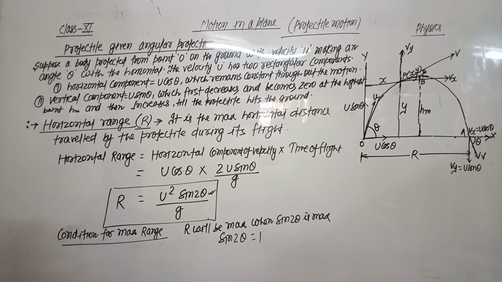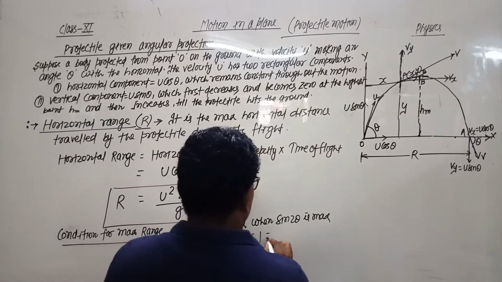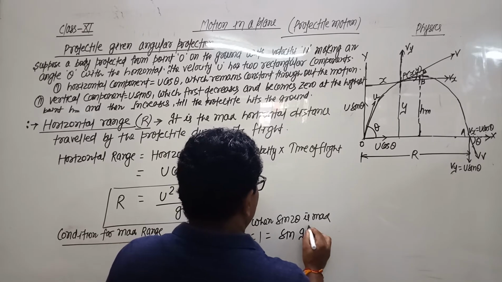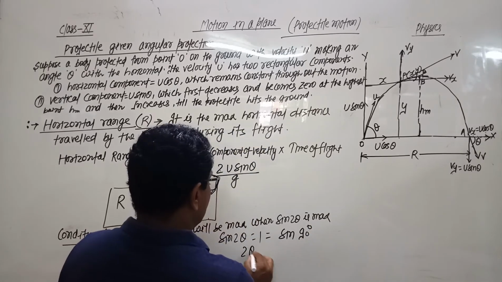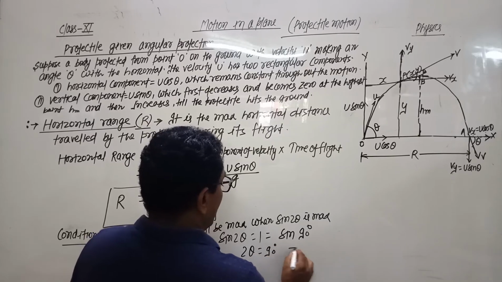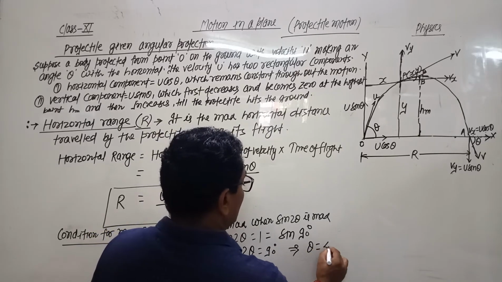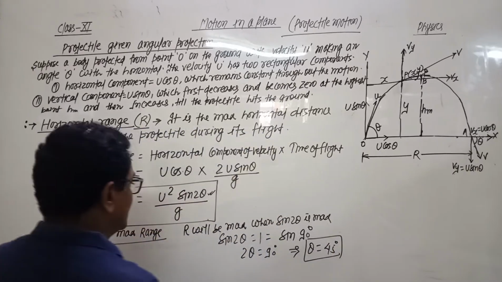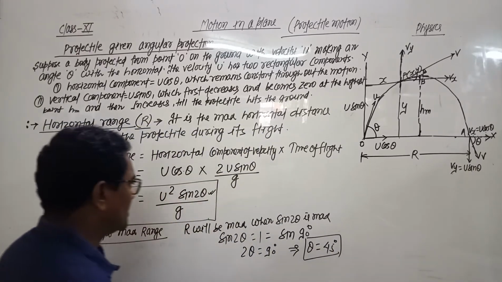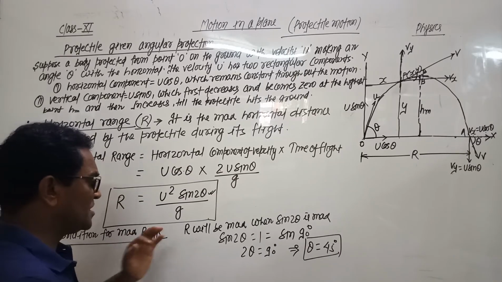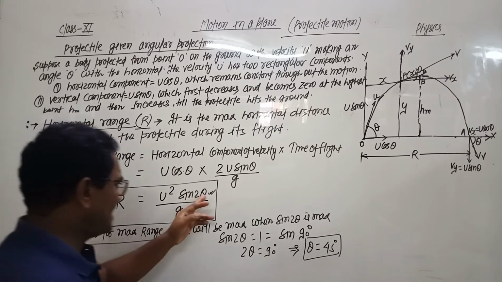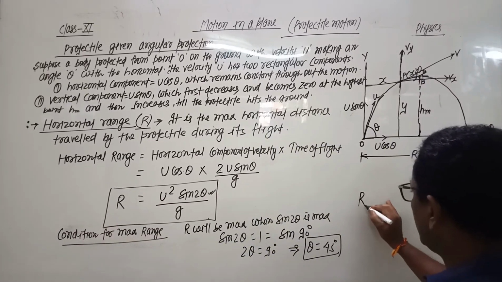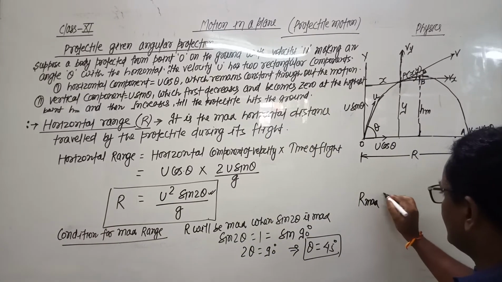The maximum value of sin 2 theta is 1, and 1 is represented by sin pi by 2, sin 90 degree. So 2 theta equals 90 degree, and we get theta equals 45 degree. So for getting the maximum range, theta should be 45 degree, and when theta becomes 45 degree, then we get the maximum range, R maximum.